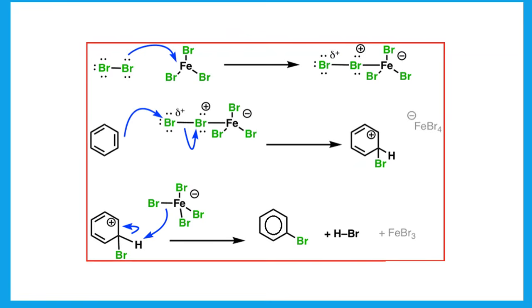Remember, the electrophile is formed from reaction of bromine with the iron 3 bromide. This is then attacked by the electrons from the benzene ring, placing a bromine on one of the carbons, but we have a positive charge in the benzene ring, and the electrons that are bonded to the hydrogen are used to remove the positive charge in the benzene ring and form the bromobenzene.